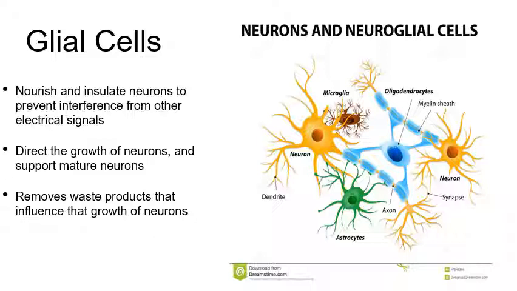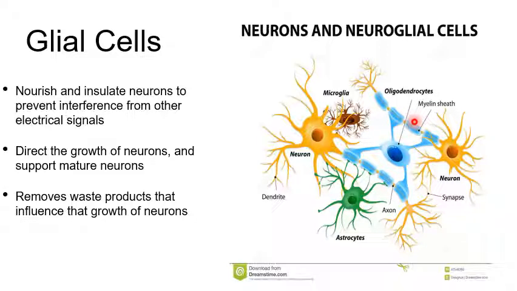There are different types of glial cells. You have oligodendrocytes, the blue one, the microglia, the brown one, and astrocytes, the green one. And although it's not visible here, another type is the Schwann cells.